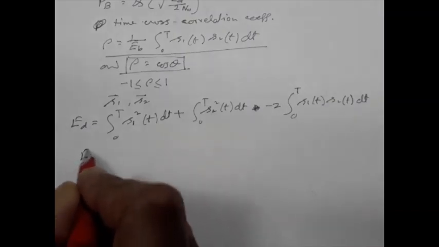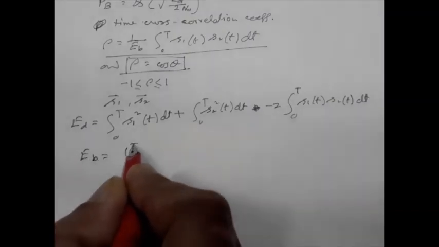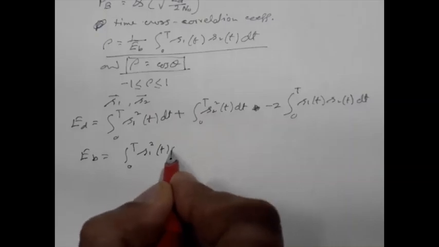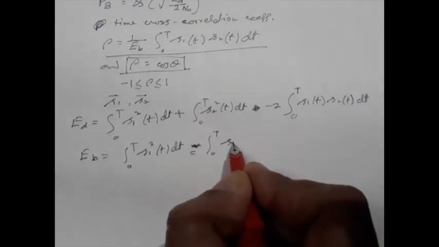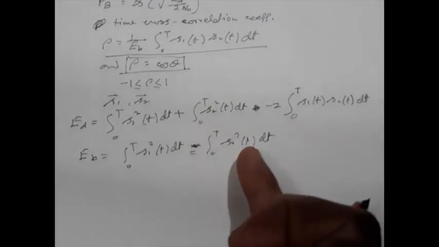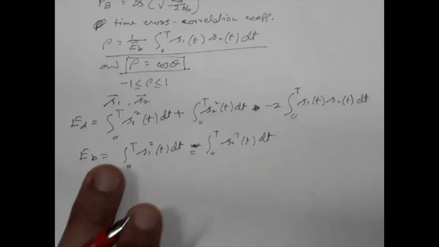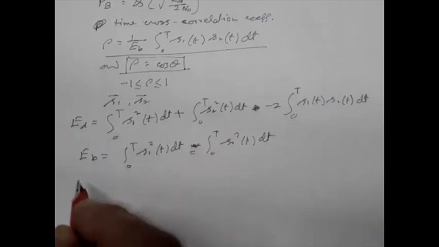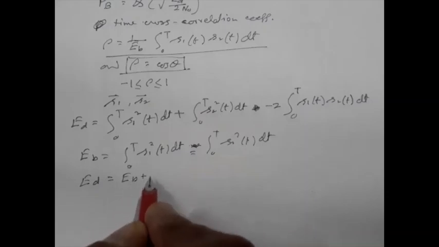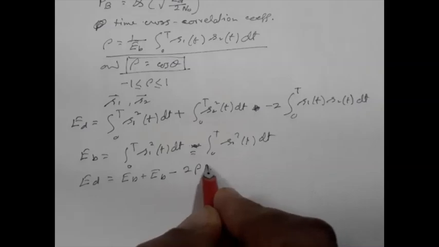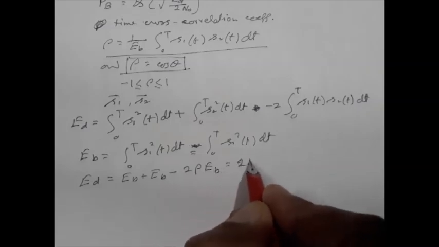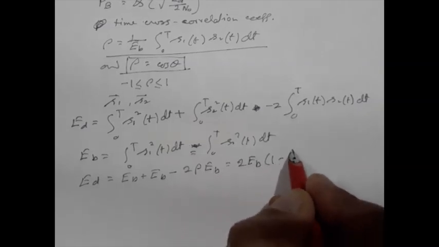That means EB equals integral 0 to T of s1 square t dt, similarly 0 to T of s2 square t dt. So if we replace this in the original equation, we can write ED equals EB plus EB minus 2 rho EB. That means twice EB into 1 minus rho.